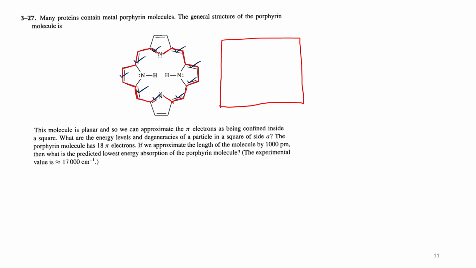Then the next statement they have given is that if we approximate the length of the molecule by 1000 picometer, so this one side is 1000 picometers. Obviously, if it is a square, then this is also 1000 picometers. Right? X and Y are the same.